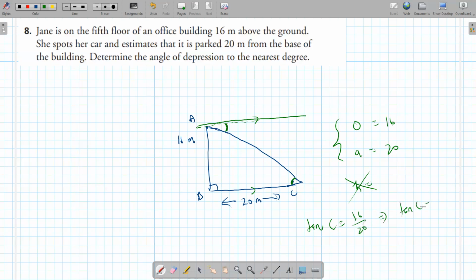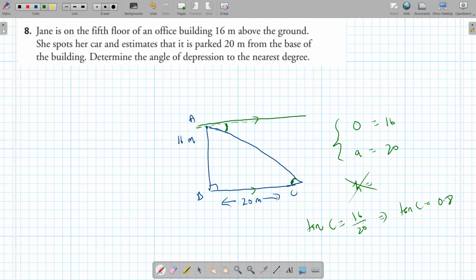So tan C, I think you can do this, right? This is going to be 0.8, 16 over 20. So what's angle C going to be if tan C is 0.8? Just do 0.8 first and then do second function tan.